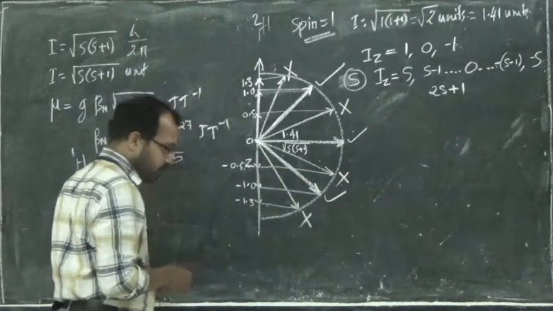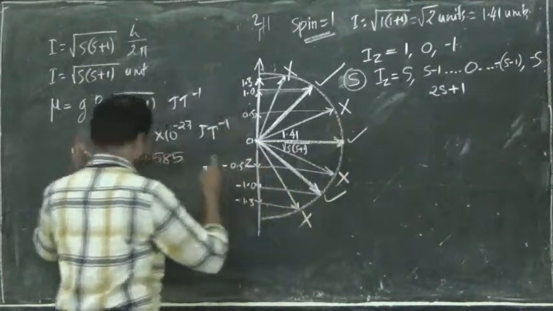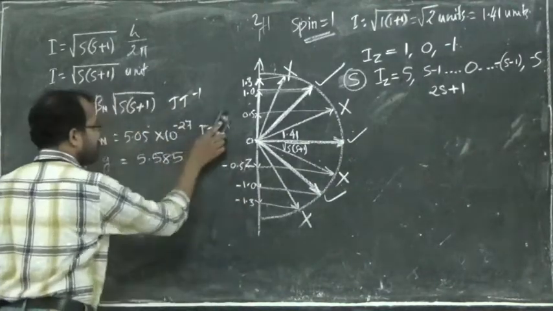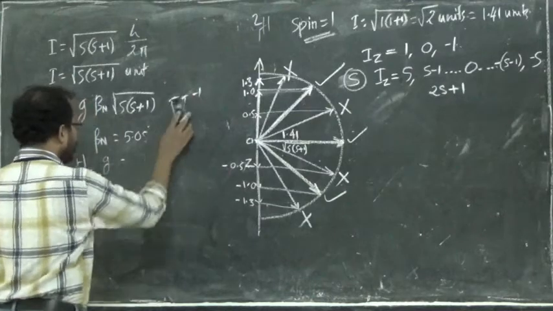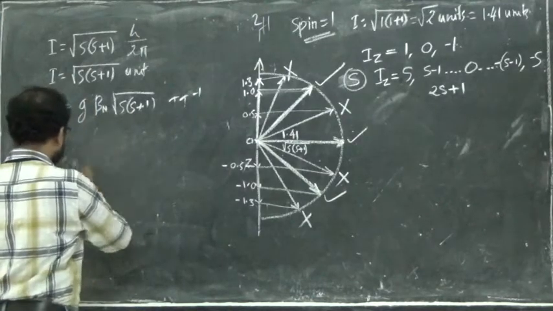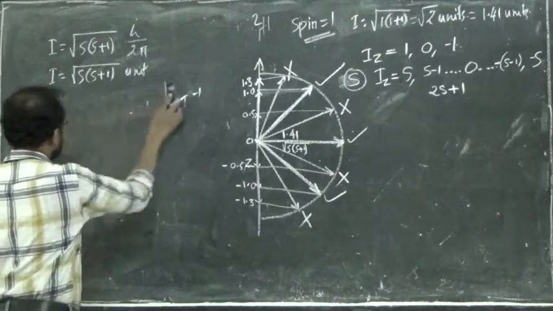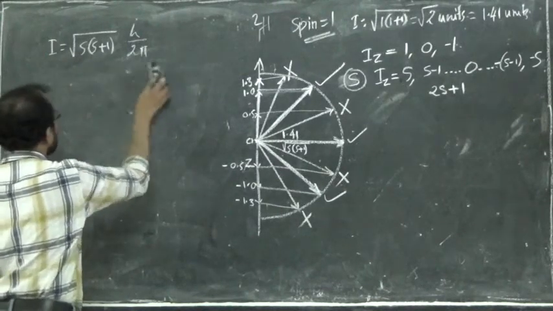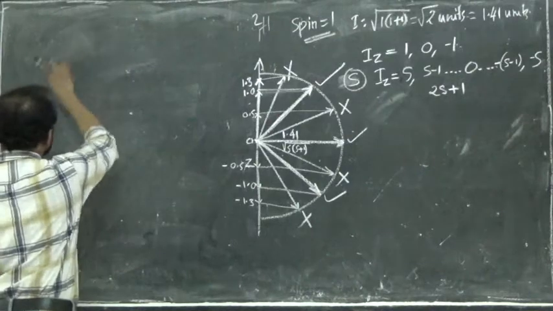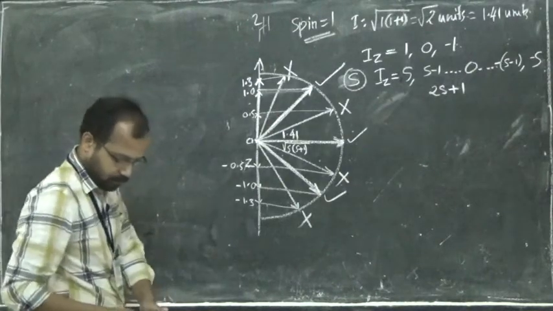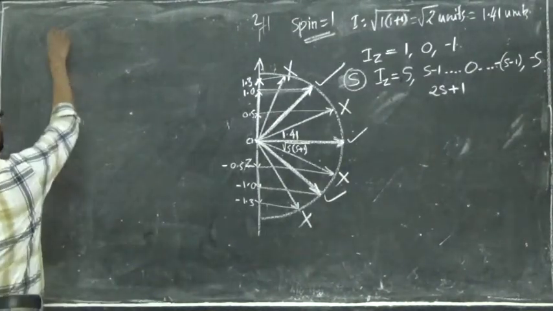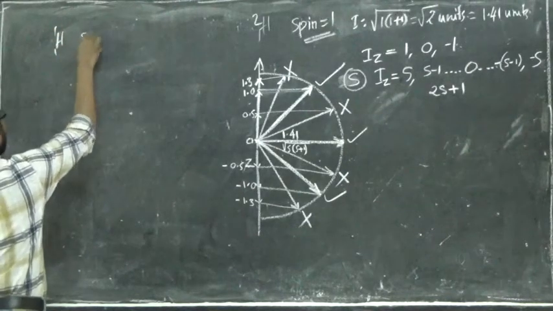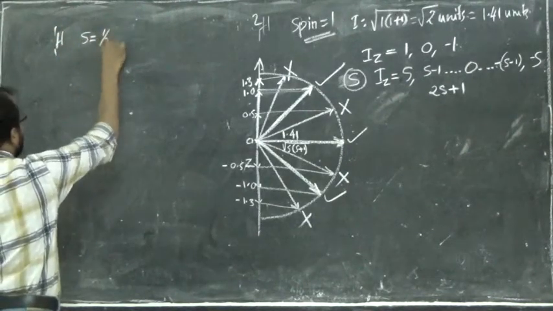Let me draw it here. In this case spin S is equal to half.